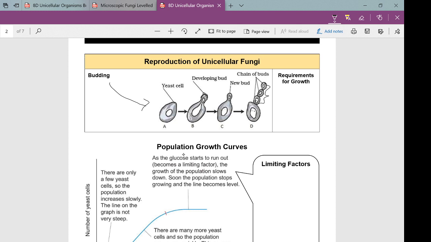And in order for yeast or unicellular fungus to grow, we need several things. Can anyone think of potentially something that we need? I will draw a star by here. Can anyone think of something that yeast might need to grow?